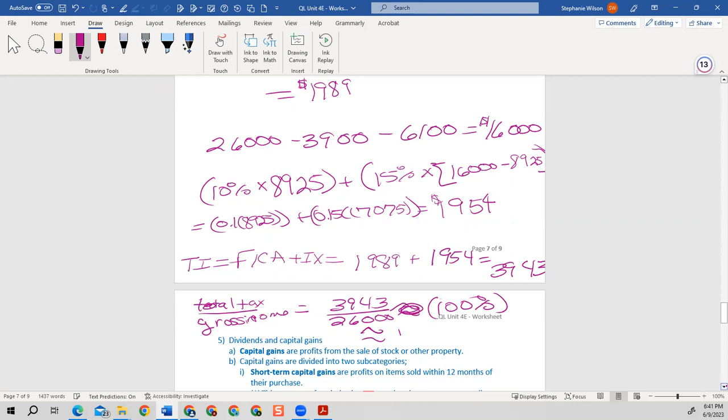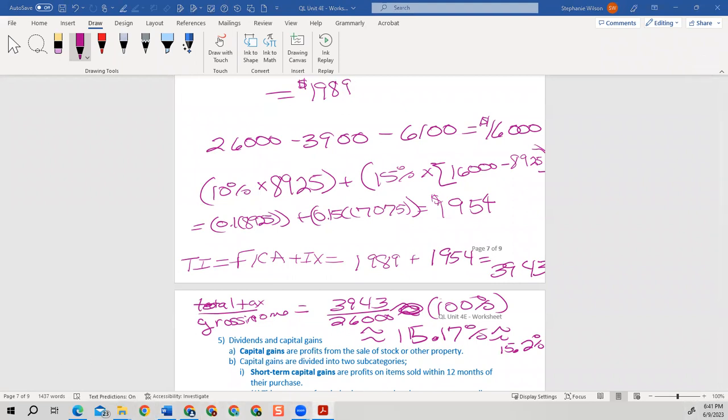We get 15.17%, which rounds to the nearest tenth, 15.2%. So the overall tax rate is about 15.2% for this person.